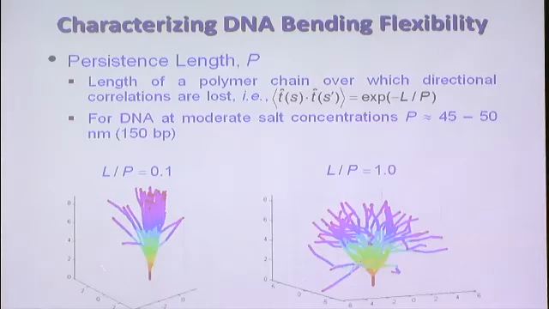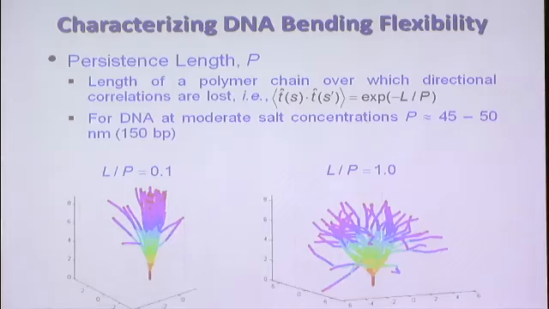These plots here are actually DNA chains that were generated by Monte Carlo simulation, and you can see that even for chains that are a tenth of the persistence length, there's still a fair bit of bending flexibility. Once you get out to chains that are 150 base pairs or one persistence length, there's substantial flexibility.